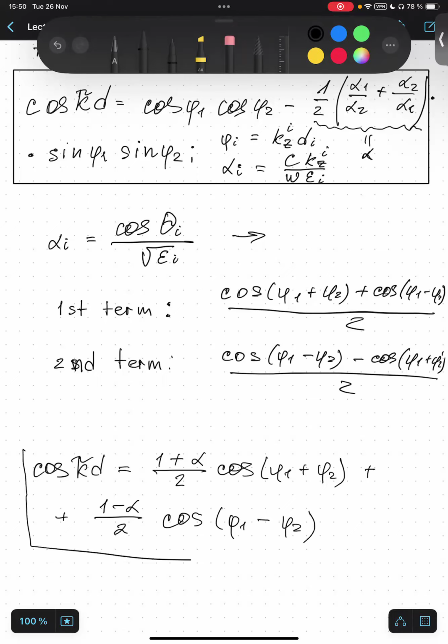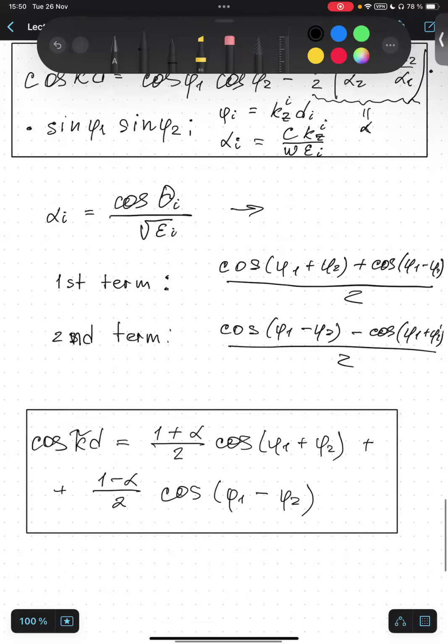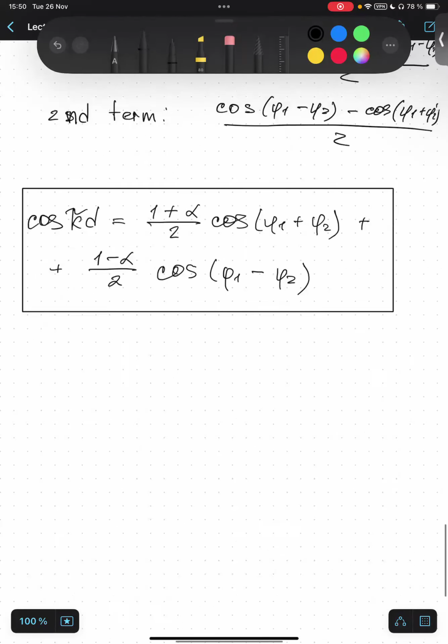Yes. So basically, why we did it? It is quite important because we can, for example, plot this expression. For example, we can plot the left and right hand side separately.